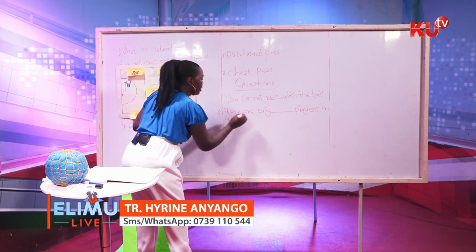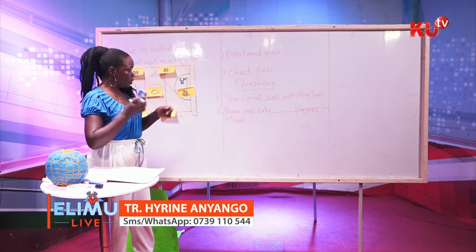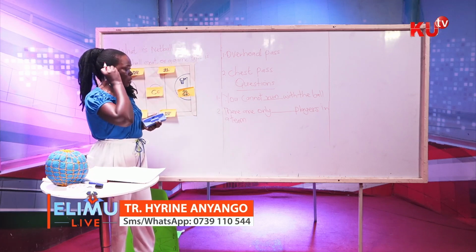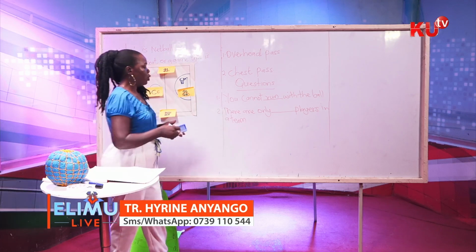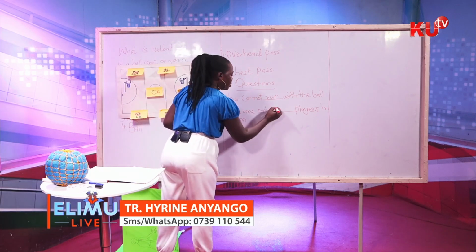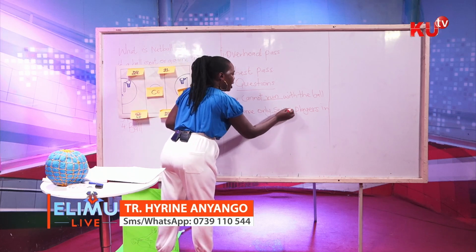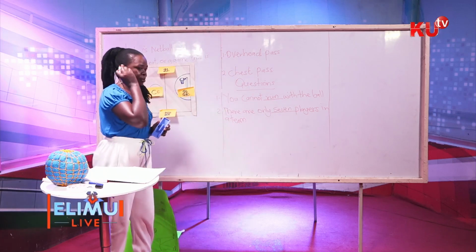So we said that for us to play netball, we need a total of 14 participants. 2 teams, each team will give us 7 players. So there are only 7 players in a team.